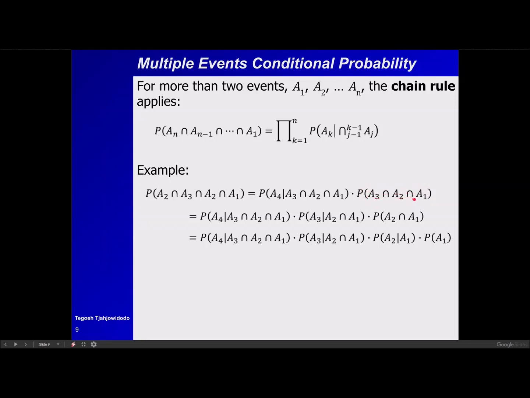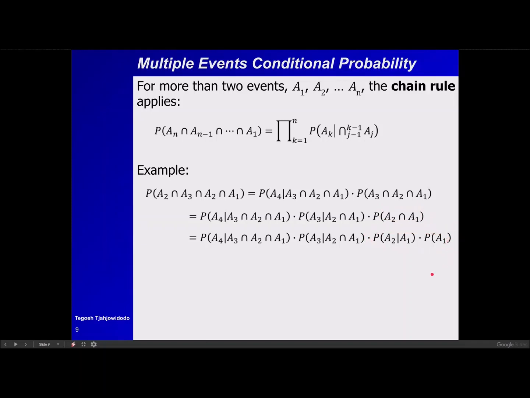The probability of these 3 events occurring together will simply be the probability of event A3 given that A1 and A2 occur together, times the probability of A1 and A2 occurring together. And this last term here, we can expand again into this form.